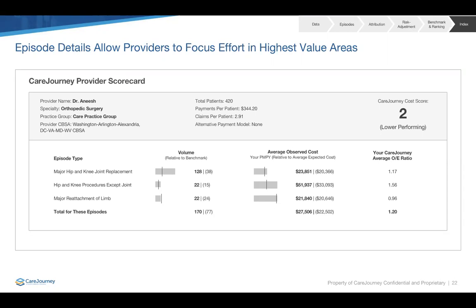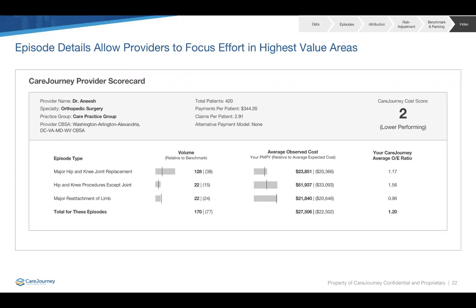You can see how much CMS has paid them, how many patients they've treated, how often they see those patients. And you can see the episode types that we're breaking down the scorecard for Dr. Anish. Dr. Anish has performed a number of major hip and knee replacement surgeries, has done them without the joint treatment, has done the major reattachment of limbs.